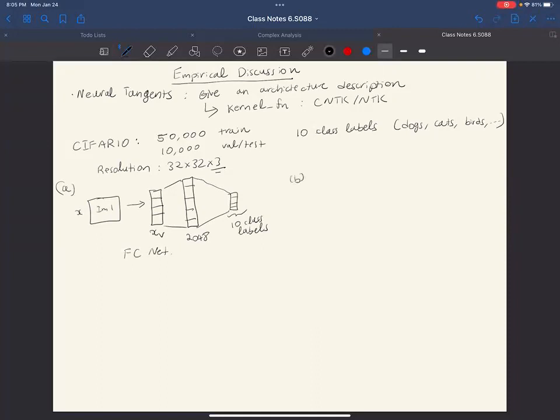My B is going to be a slightly more realistic network, although it's still, I wouldn't say 100% realistic. What I'm going to do is just use a convolutional layer here, which is going to have these different filters. I'll call this B. And then I'm going to have a vectorization step, so I'm just flattening.